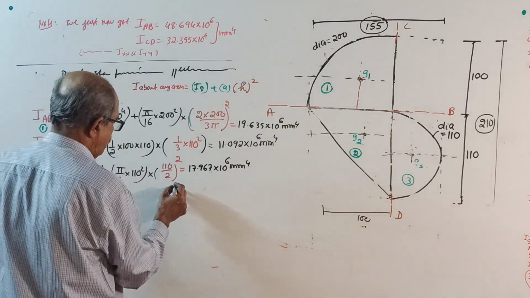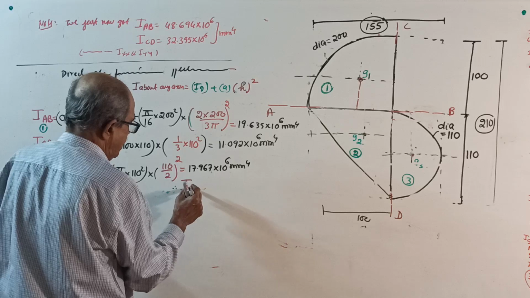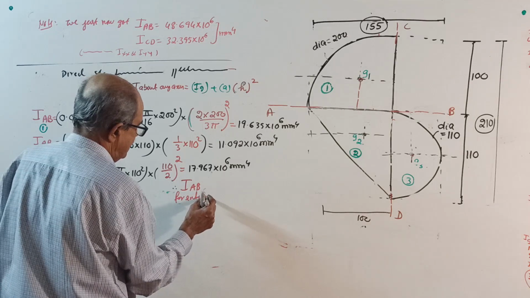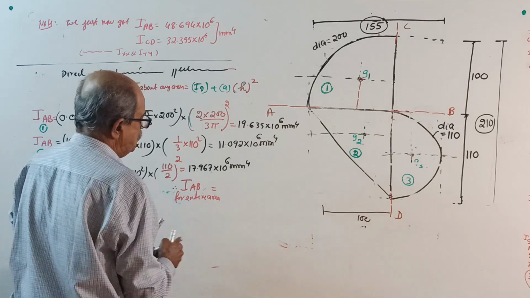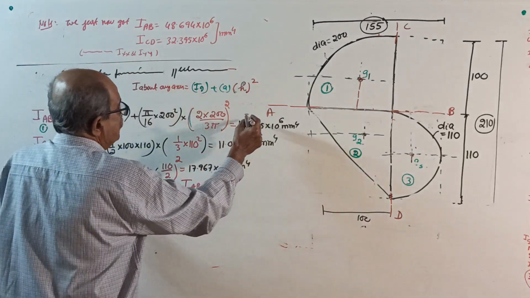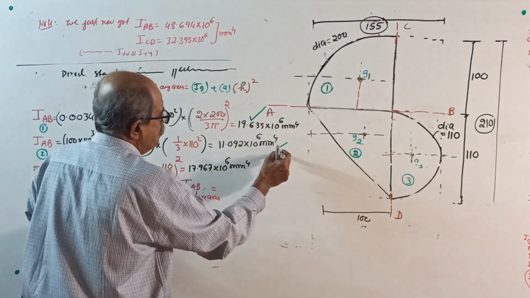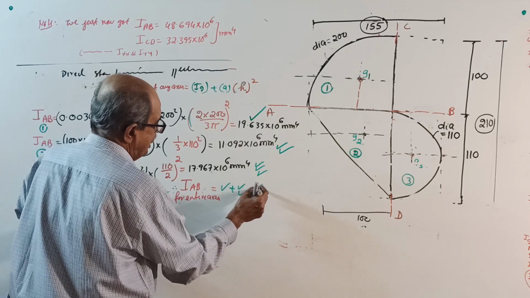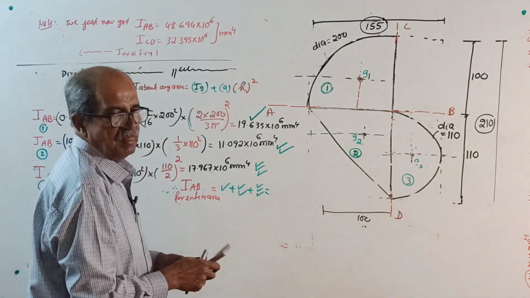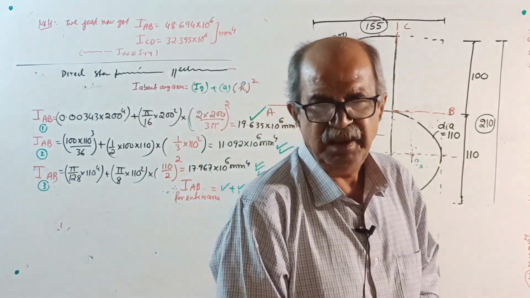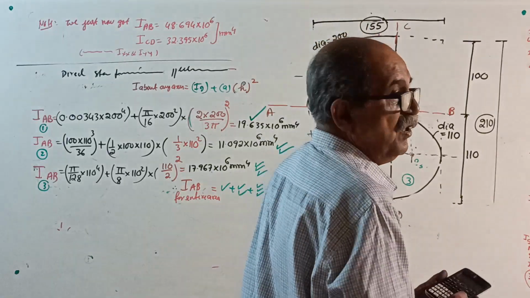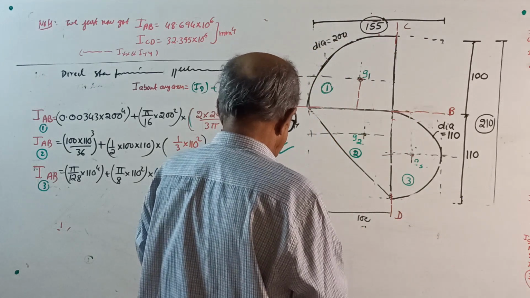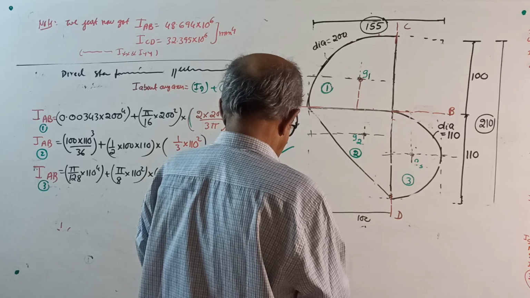Therefore, I about AB for entire area equal to, you write here, whatever you got for 1, whatever you got for 2, whatever you got for 3, you write tick plus double right plus triple right equal to. I need not calculate, but still, if any mistake is there, I can make out now. 19.635 plus 11.092.